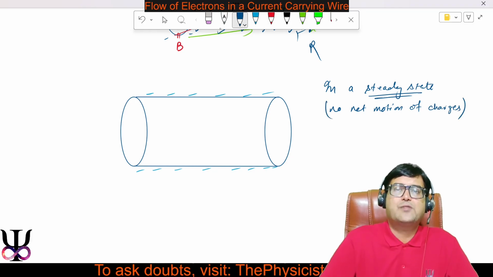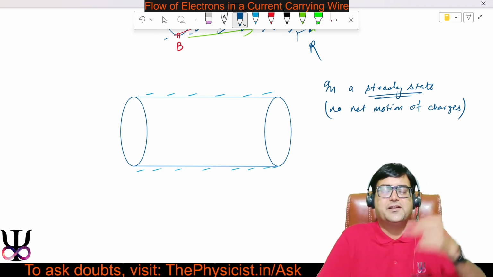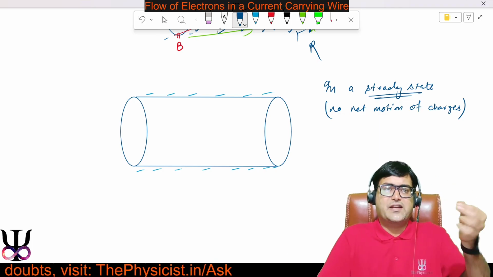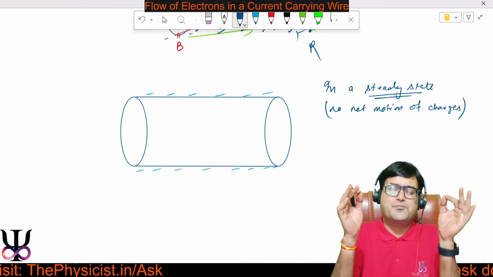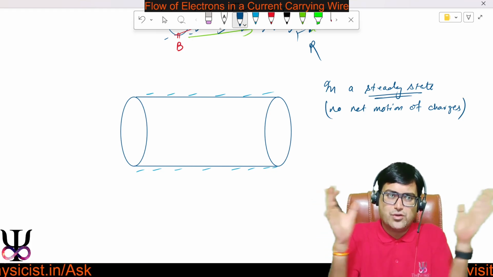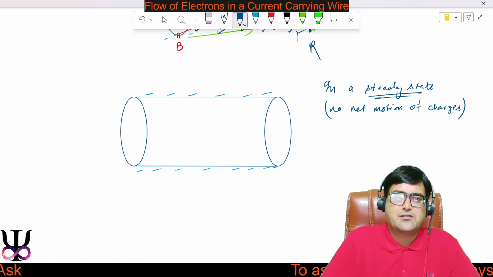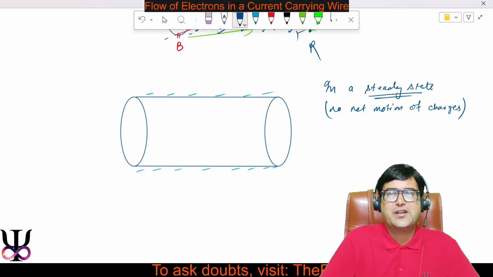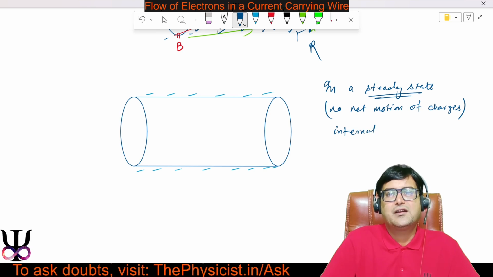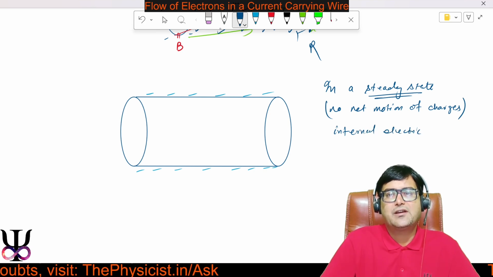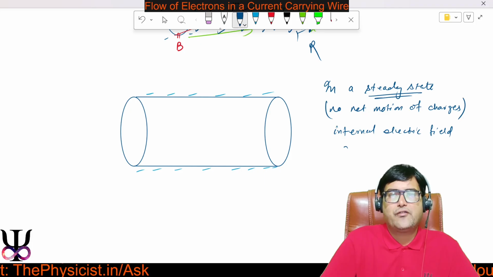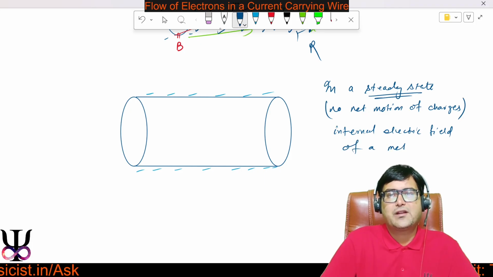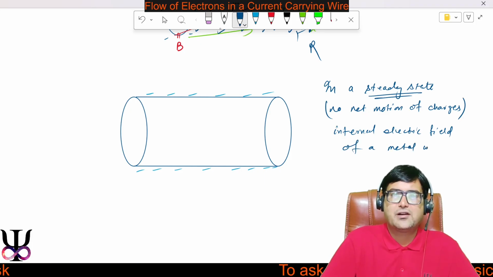When there is no net motion of charges in this cylinder, once I inject some electrons, they will basically take a very, very small amount of time, a few nanoseconds, to redistribute themselves. But once that is achieved, you will have a steady state, and in a steady state, the internal electric field of a metal or conductor will be zero.